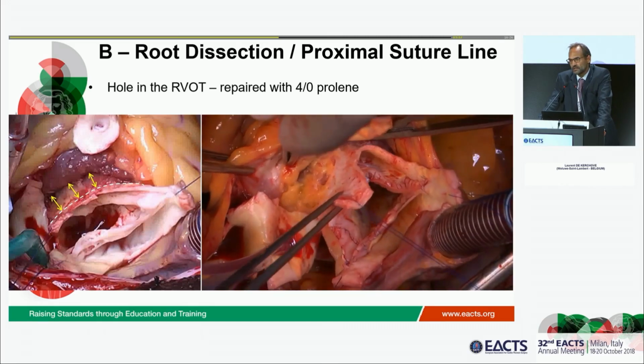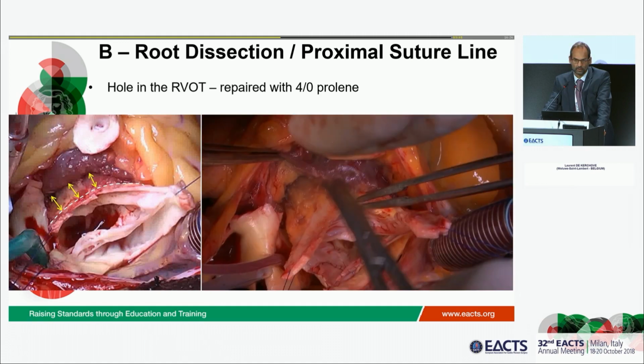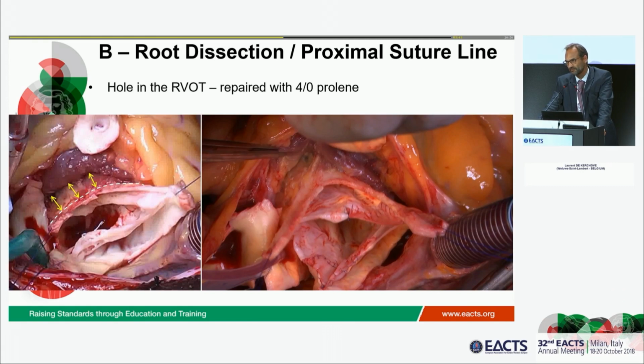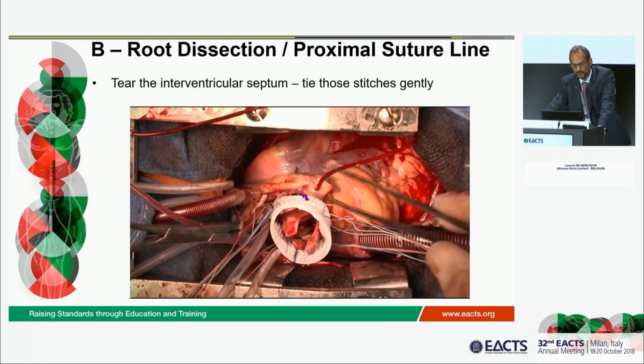Still, there is a risk of making a hole in the right ventricular outflow tract. Don't be scared by that because it's relatively safely closed with a 4-0 Prolene suture. And before you reimplant the coronary ostia, just fill up the right ventricle and you will see if your closure of this hole is efficient or not, or if you have to add another stitch to have the hemostasis.